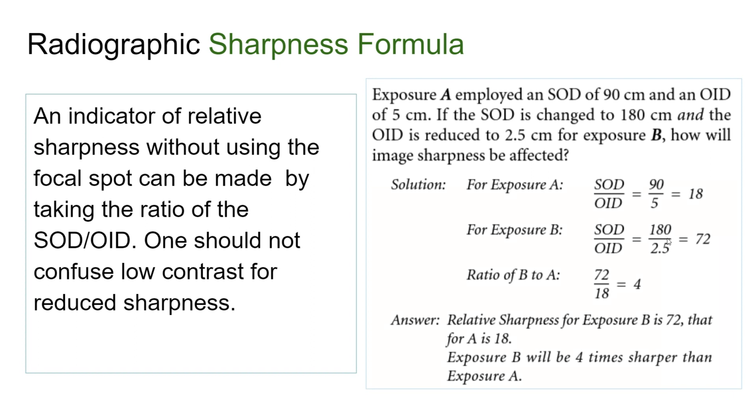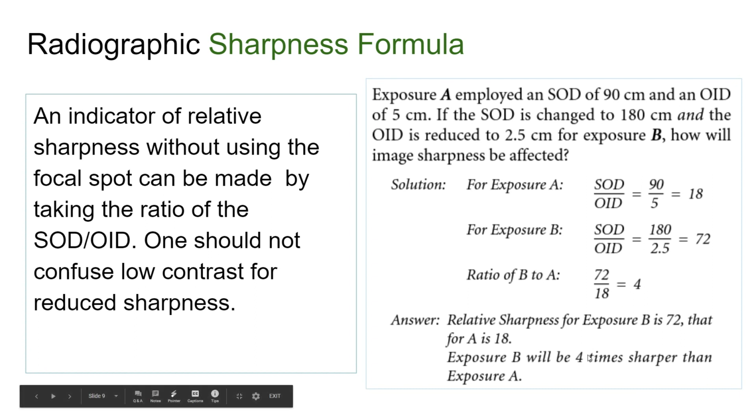Which image is going to be sharper? So we get the ratio of this. The way we do that is we take 72 and divide it by the 18, and we get a number, 4.